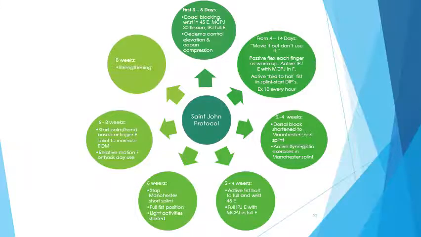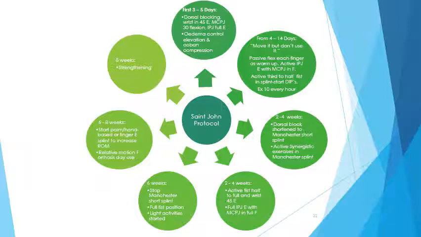Recent research has indicated that place and hold exercises in the early active motion protocols can be detrimental to the healing of the tendon. So the St. John's protocol proposes a different way, a safer way of going about early active motion for flexor tendon healings.